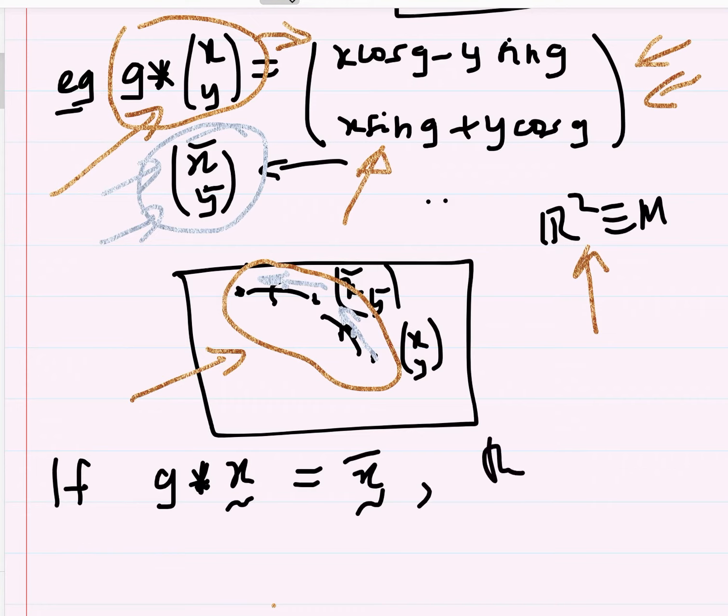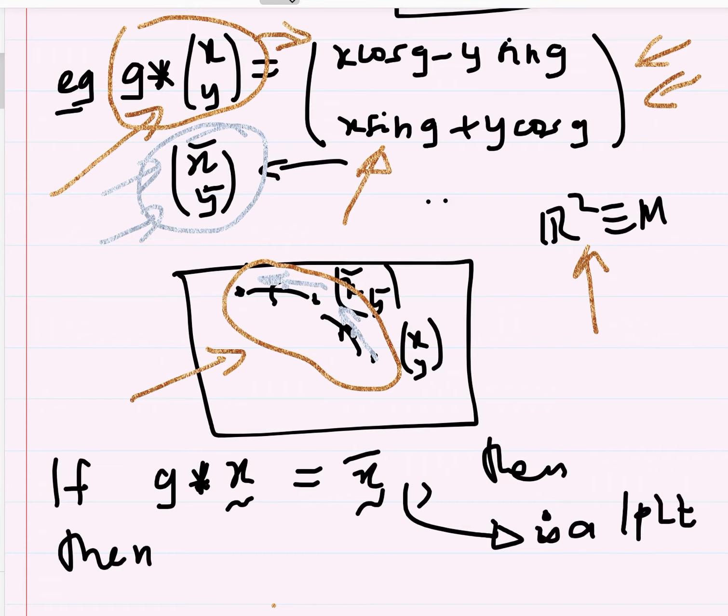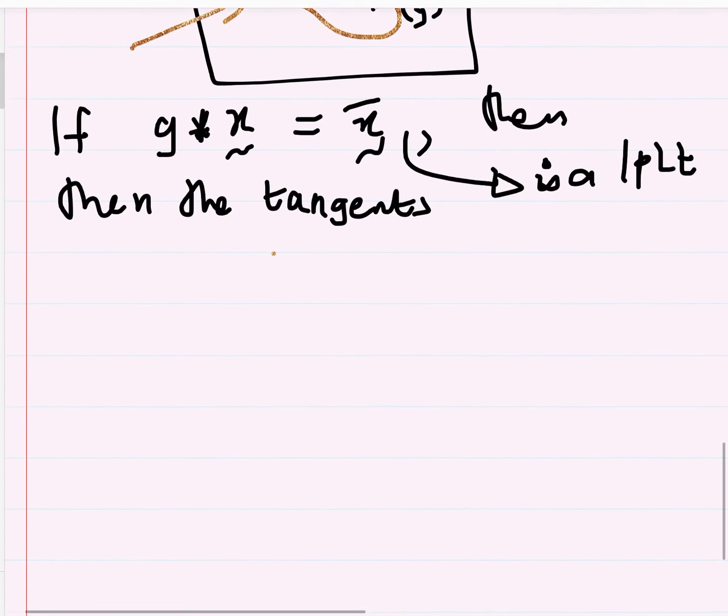Then the tangent vectors, if there is a one parameter Lie group of transformations, then the tangent vectors can be written in vector field form.